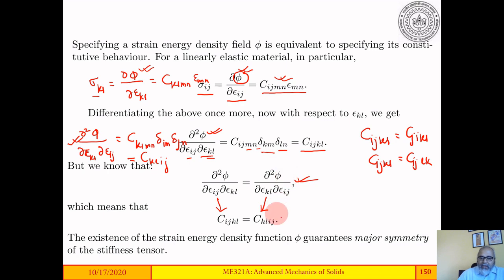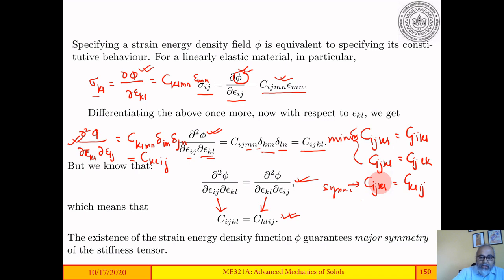On top of that, we have what is known as a major symmetry. So we have Cijkl equal to Cklij. This is a major symmetry. These are minor. And this is a major symmetry. And this will further reduce the number of independent elastic constants that we will have.